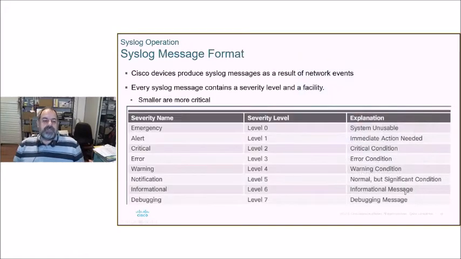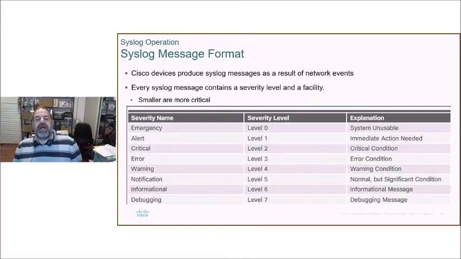Cisco devices produce syslog messages as a result of network events. Every syslog message contains a severity level and a facility. The smaller the number, the more critical the message. If it's level 0, it is an emergency and the system is unusable, so it may or may not actually get to the server.